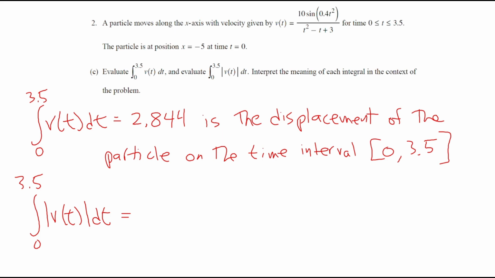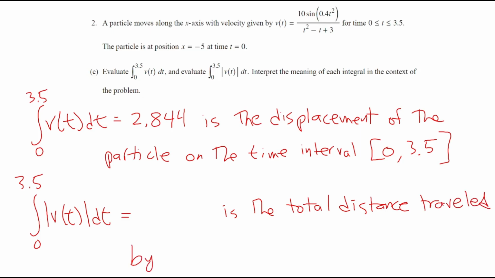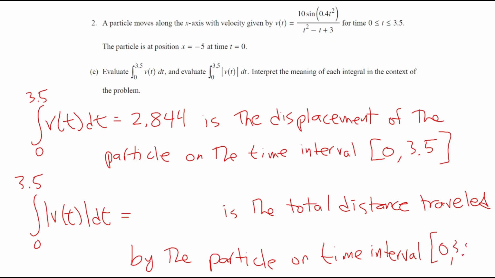And the integral of speed tells you the total distance traveled by the particle on the interval from 0 to 3.5. And so that's the difference between the two, right? The integral of velocity is the displacement, and the integral of the speed, or the absolute value of velocity, is the total distance traveled.